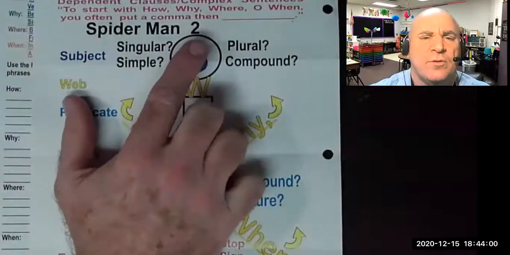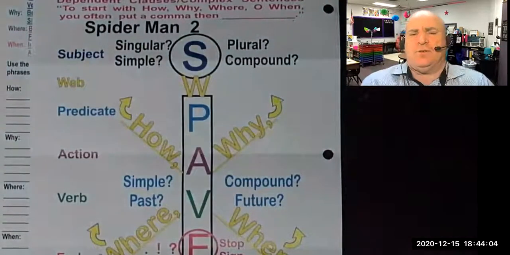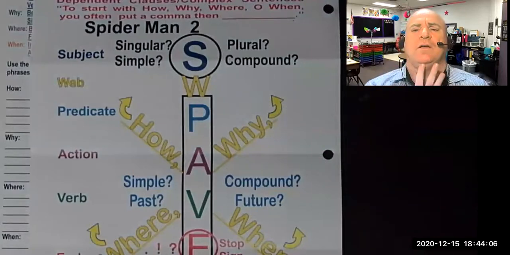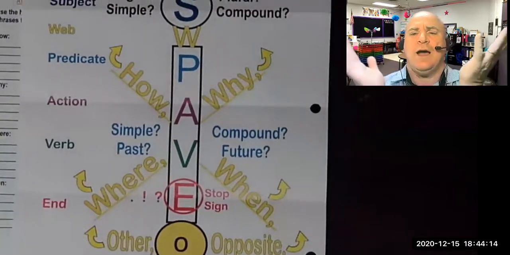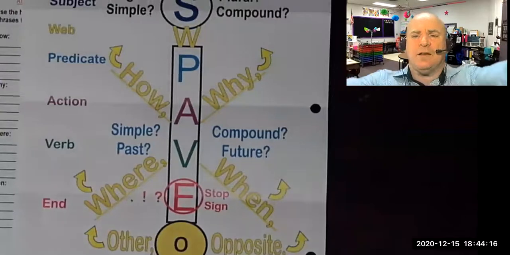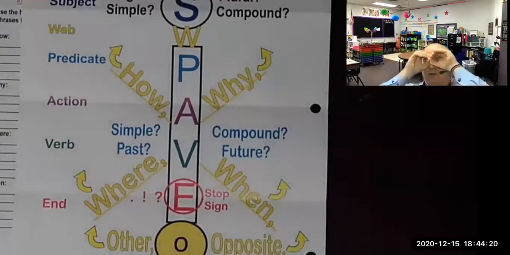So let me say it to you with the picture. To start, I'm pretending to run with, there's my little neck, connecting my subject to my predicate. My hands lower, how. My hands higher, why.